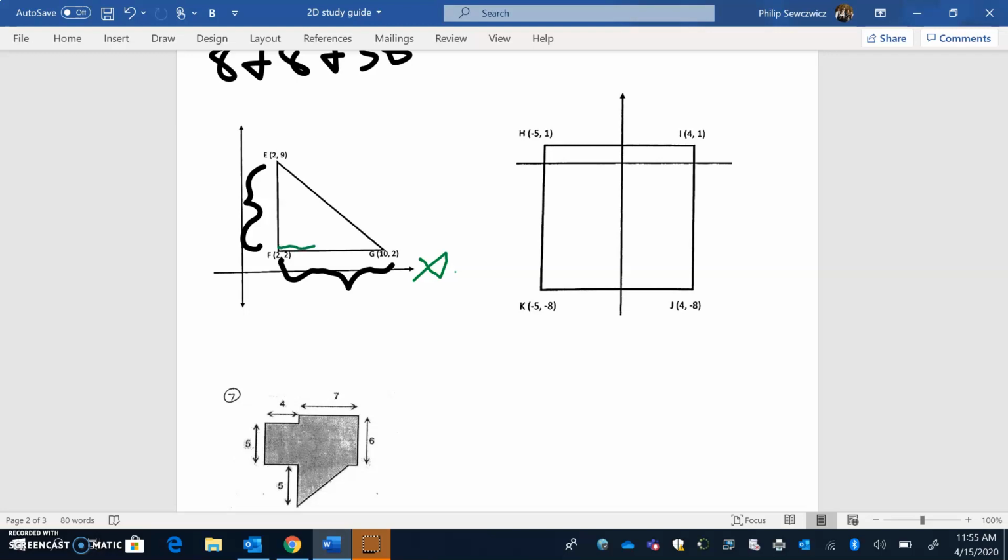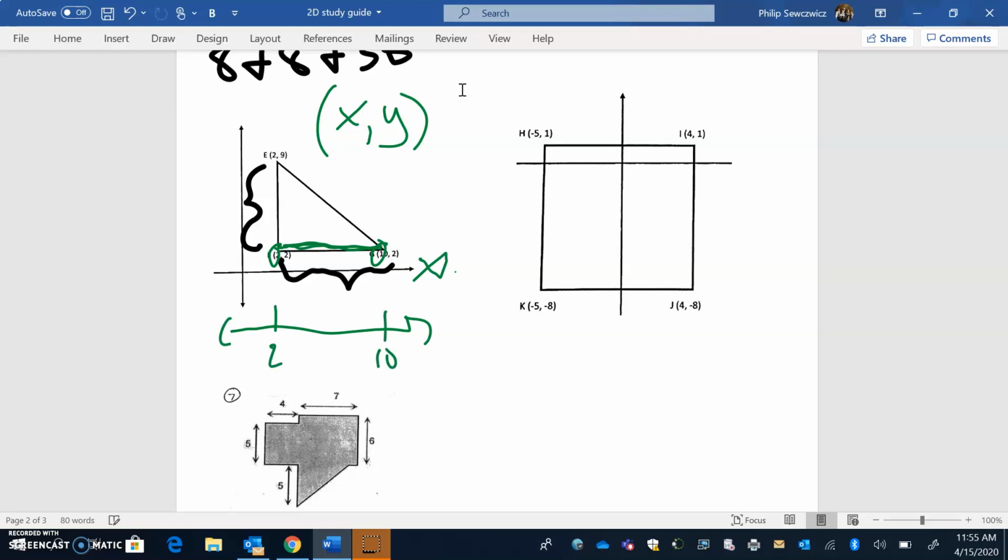So again, if I'm looking for this line, it goes left to right, just like the x axis. So I'm going to use my x coordinates. Remember, it's the x coordinate first and the y coordinate second, which means you should be using a 10 and you should be using a 2. So we want to figure out on a number line, how far is it to get from a 2 to a 10? Well, yeah, it's 8. To get from 2 to 10 on a number line, it is 8.